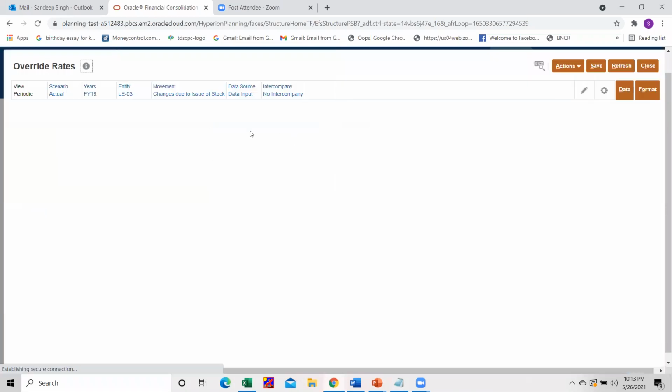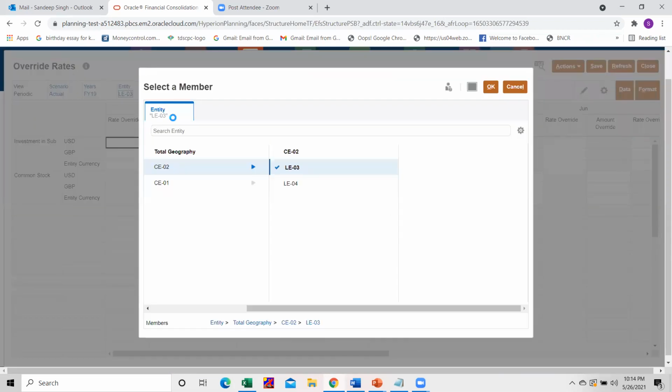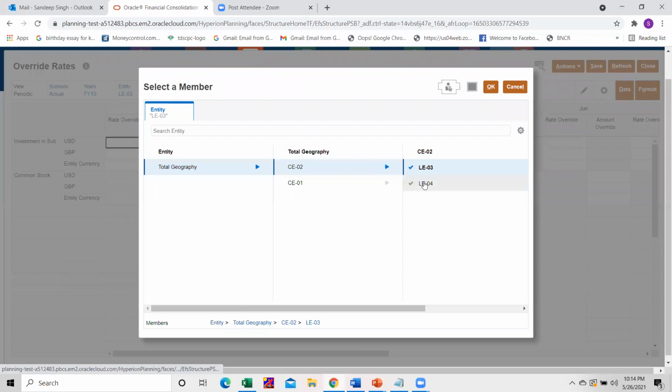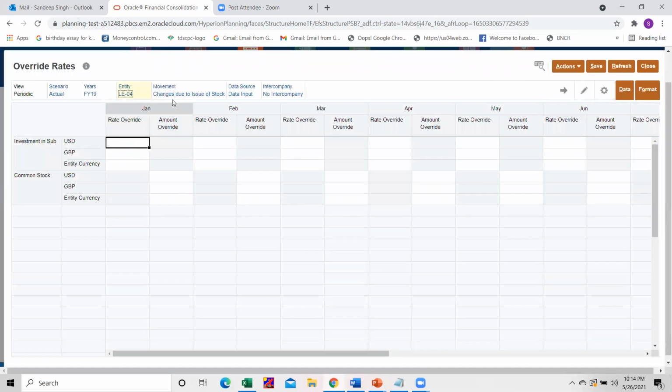So what you need to do is input the historical rate or historical amount. We input the historical rate by selecting the entity, the subsidiary, which in our case is legal entity 04. Then the movement I have selected is changes due to stock. My data source is data input, and I'm inputting the historical number against no intercompany.